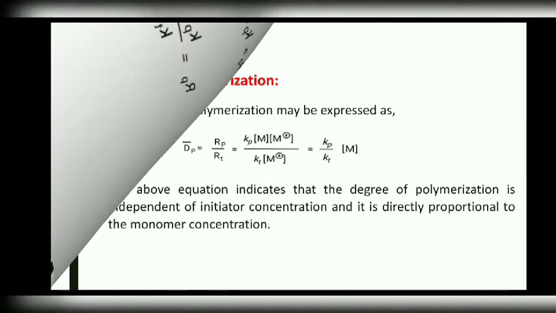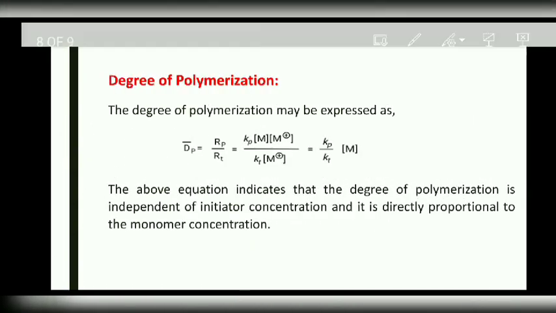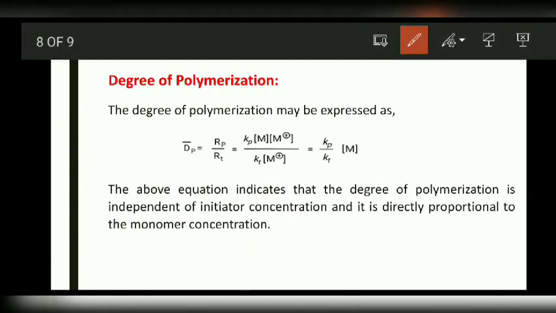Then let us know about the degree of polymerization in this method. So what is the degree of polymerization? It is the number of monomer molecules present in the given polymer chain, right.